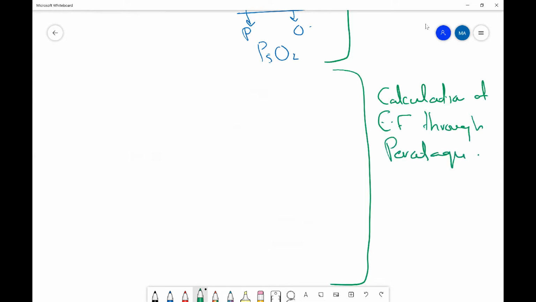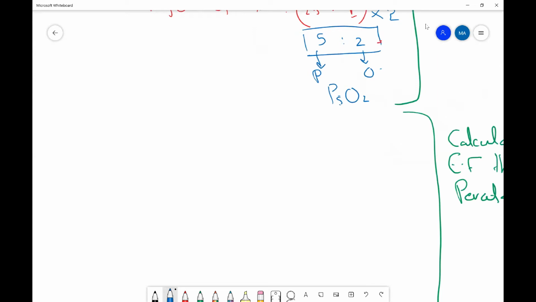All right, so for example, you're asked to find the empirical formula of a compound having carbon and hydrogen.